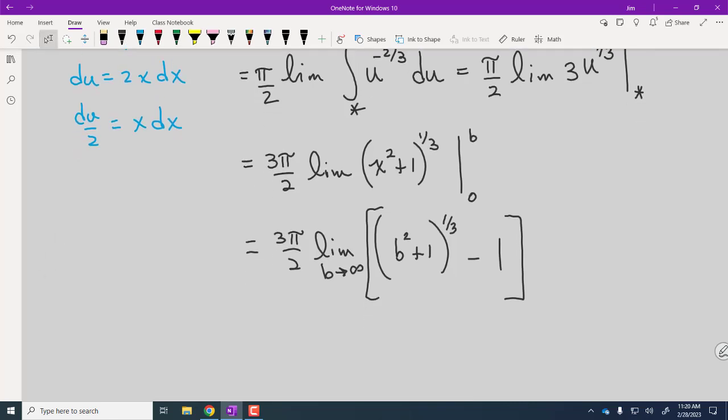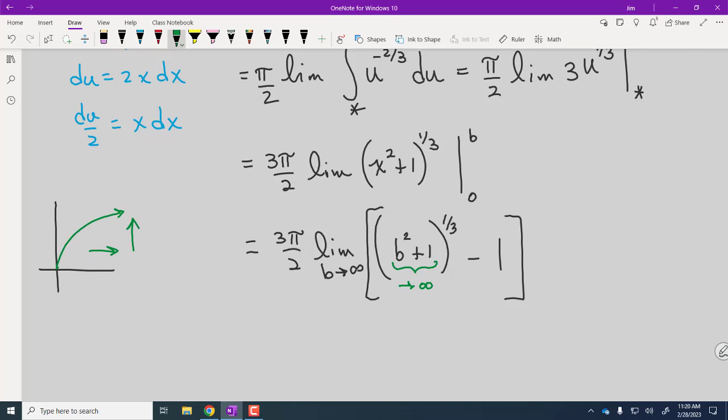so b squared plus 1 is going to infinity. And so once again, we have a bird wing. So in here, this is going to infinity, inside there, and a 1/3 power, that's the bird wing stuff. We have this function right there. As we go right, we're going up towards infinity.